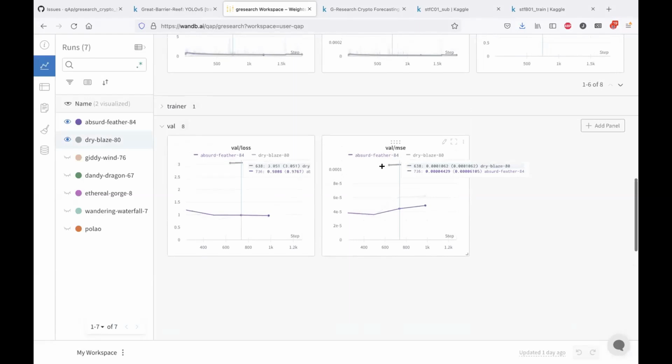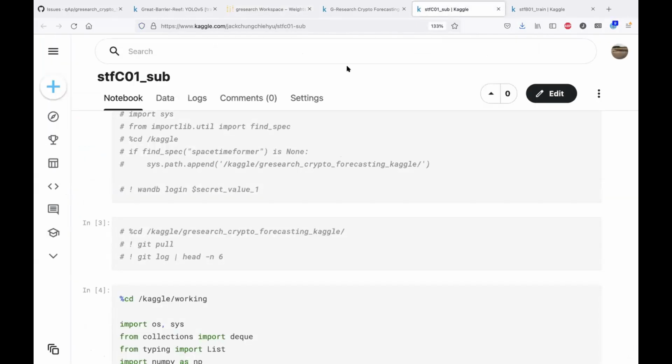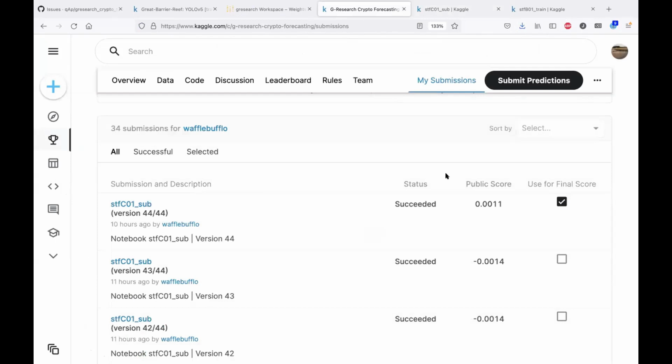Anyway, I've used the gray line's experiment to make a successful submission, and the score I got was this, and it's positive. But before, when I was debugging the submission notebook, I tried to submit just using uniformly sampled values between -1 and 1.